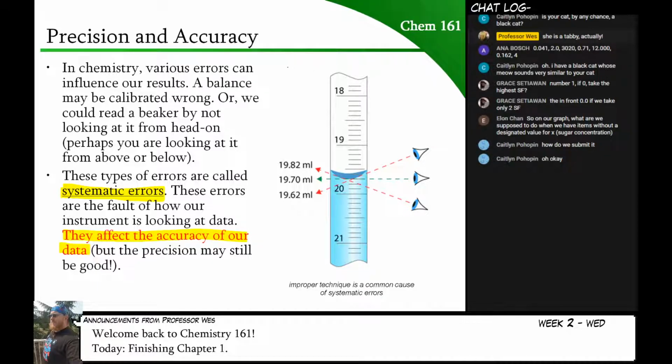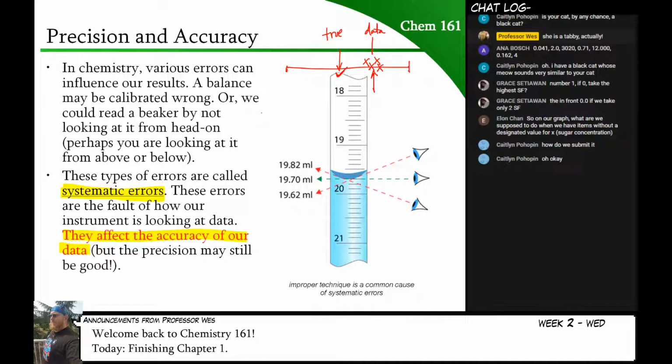Now, if we have like a number line here, so let's suppose that this in the middle is the correct answer. But I keep looking at this from below and getting a number that is consistently too large. And so here's all of my data. If I take the average, I'm going to just land right in the middle of my data.